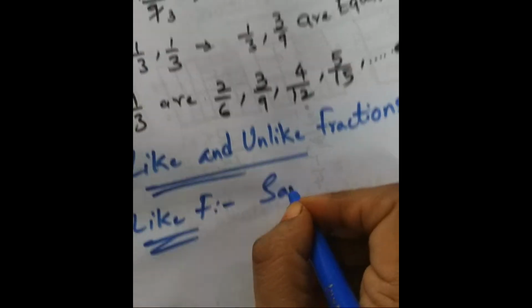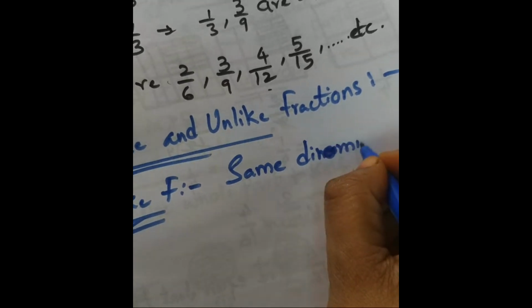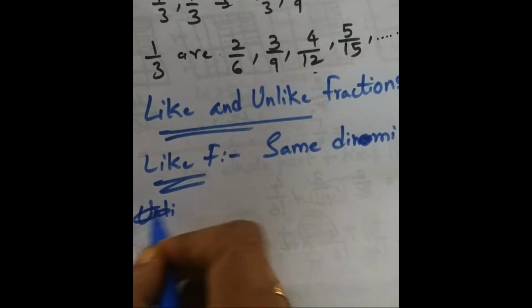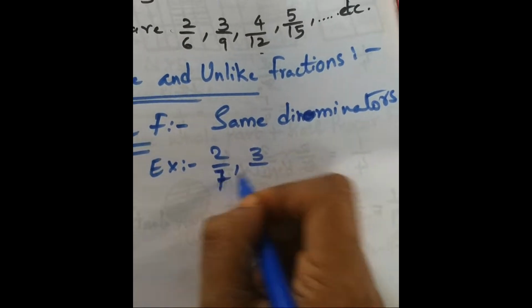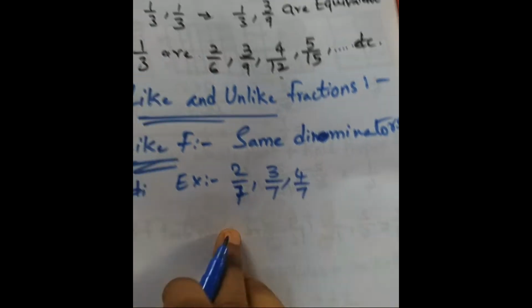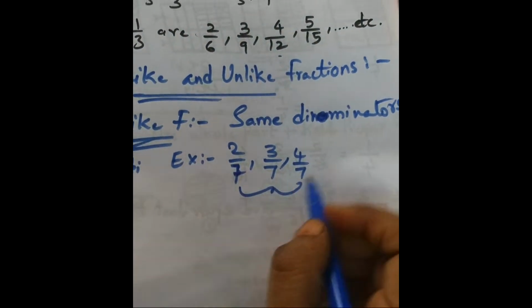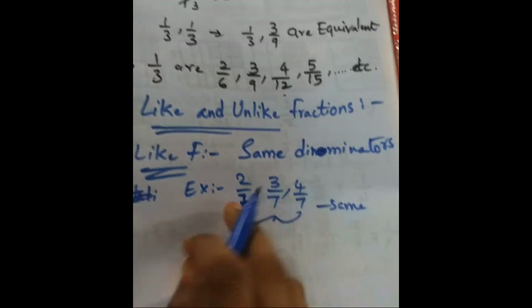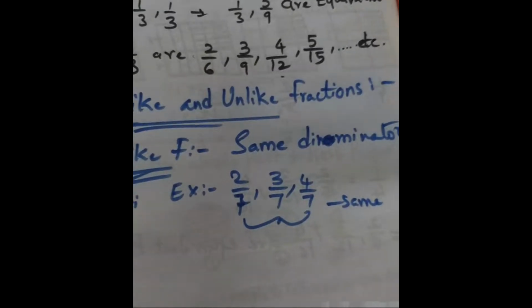For example, 2 by 7, 3 by 7, 4 by 7. All the denominators are the same, so these types of fractions are like fractions.